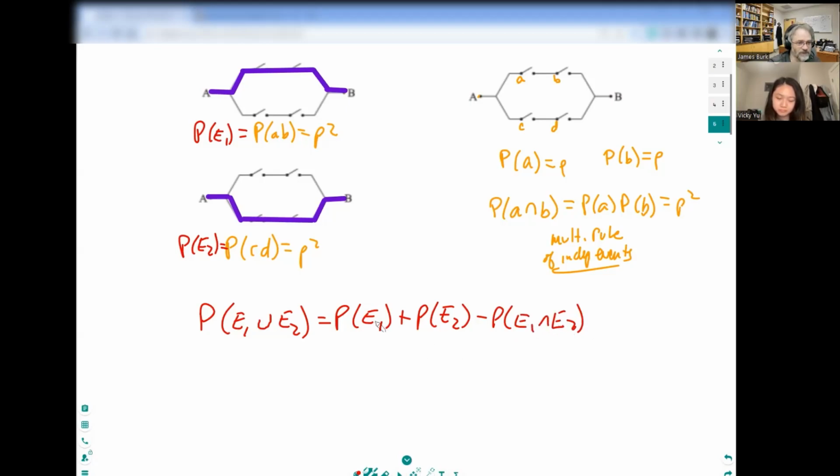So what's the probability of event 1 happening? P squared. Probability of event 2 happening? P squared. And probability of event E1 and E2, that means everything's closed. What's that probability of happening? Close them all. If I close them all, what's that probability?